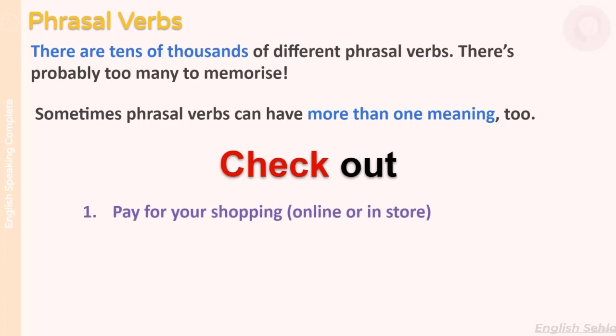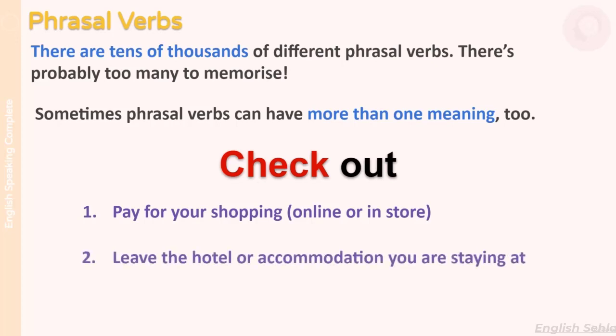So check out can mean pay for your shopping. This could be online or in a store. It can also mean to officially leave a hotel, some accommodation that you have been staying at. So that's 2 meanings. And finally, it can also mean, in a kind of almost rude way, to look at someone you find attractive. So that could be quite a rude sense of the meaning.